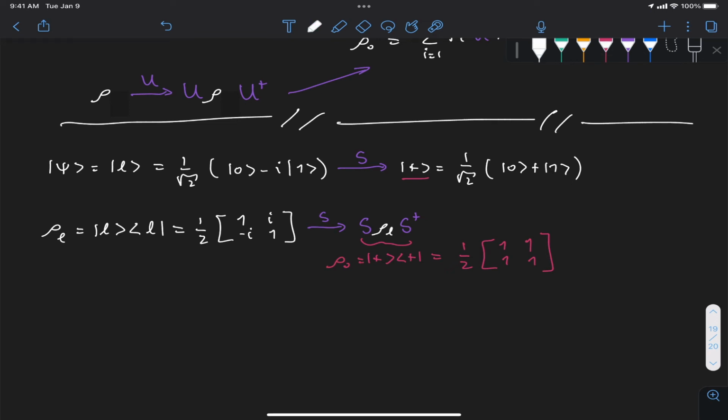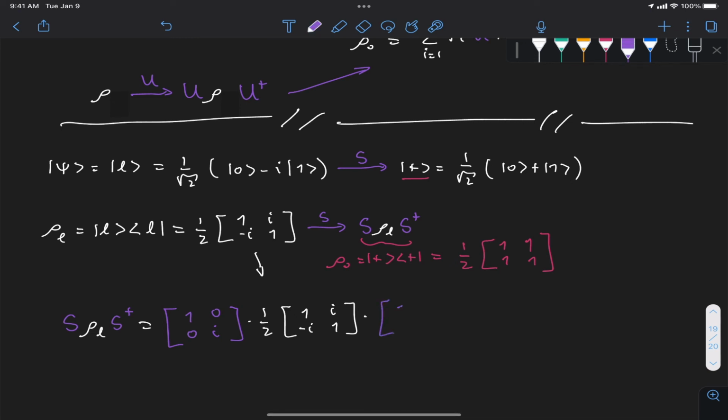So let's go down here and say, S rho L S dagger is equal to the matrix for the S gate, which is 1, 0, 0, i. Our rho sub L is 1/2, we have it up here, of 1, minus i, i, 1, and then multiplied by S dagger, which is 1, 0, 0, minus i.